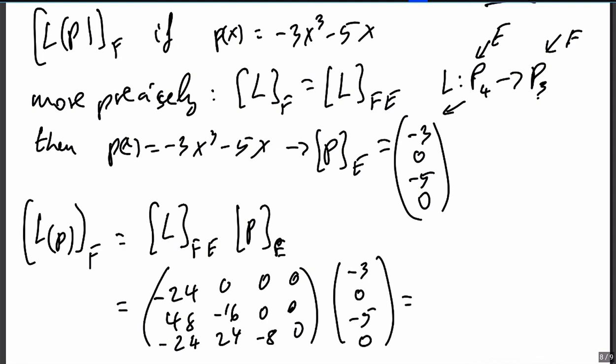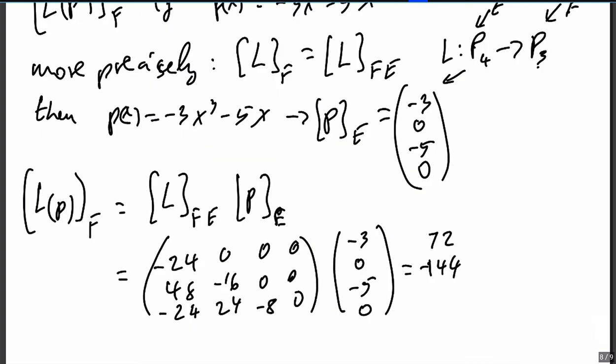So this is minus 3 times minus 24, that's 72. Then minus 3 times 48, that's minus 144. Minus 3 times minus 24 is 72, plus 8 times 5, 40. So it's 112, which means that it's just a simple matrix vector multiplication, the differential operator.